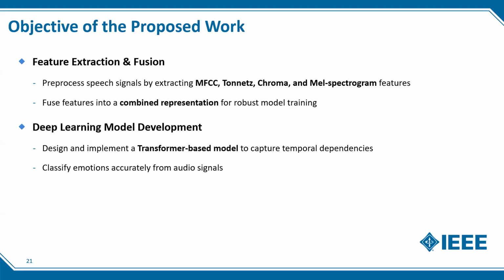So the Tonnetz feature we have considered, and we also considered the chroma features. Chroma actually maps audio into 12 pitch classes. These chroma features capture harmony and melody from speech.